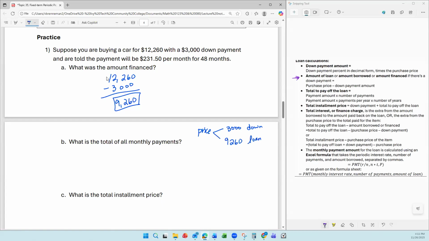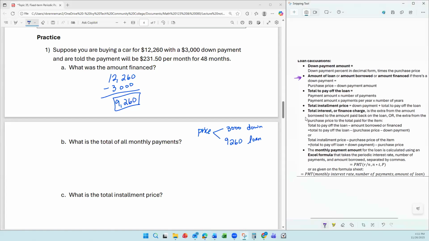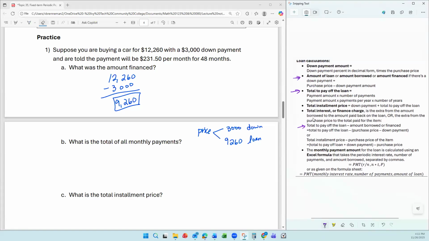The total of all monthly payments. Total to pay off the loan, that's here. It doesn't have a separate sub, but it's the total to pay off the loan. Oh, here, sorry, here it is. Total to pay off the loan is the same as the total of all monthly payments.